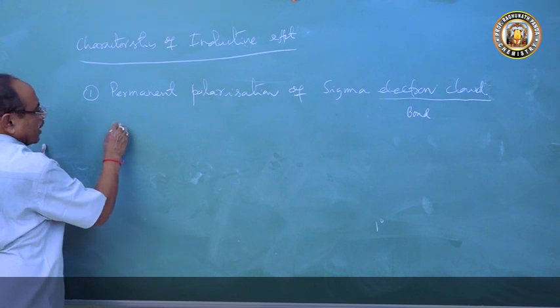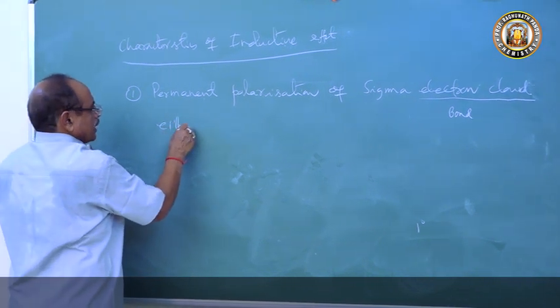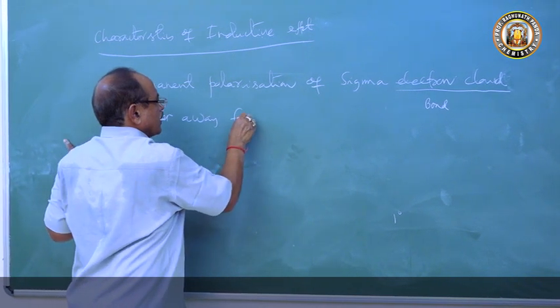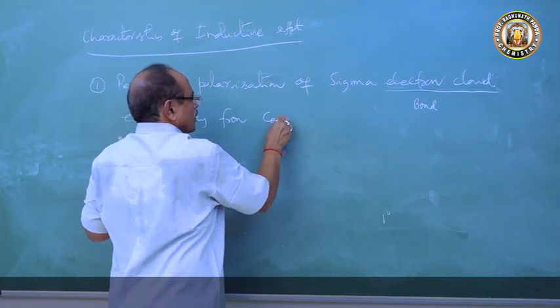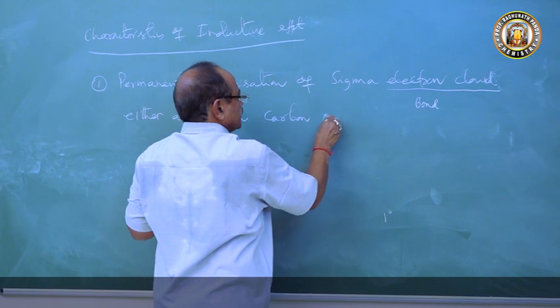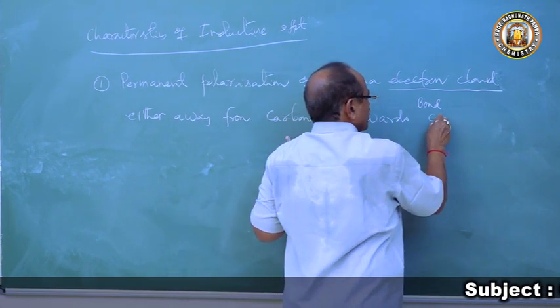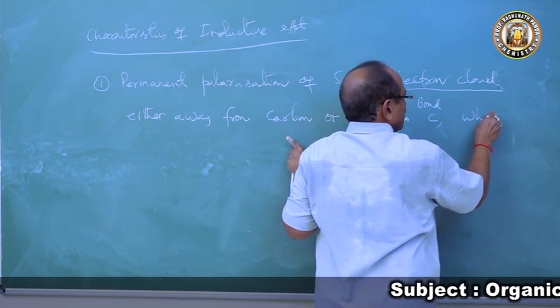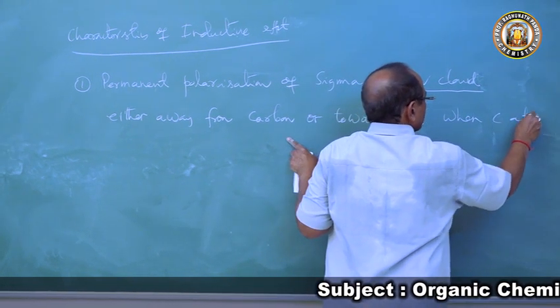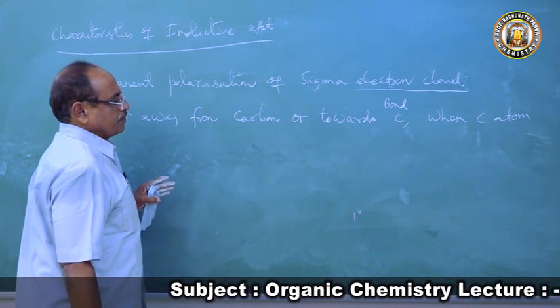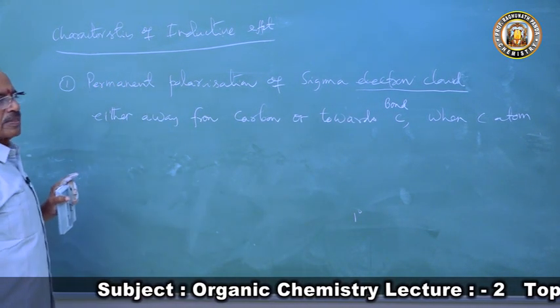either away from carbon or towards carbon, when the carbon atom is bonded to an atom of dissimilar electronegativity. This is the first characteristic.